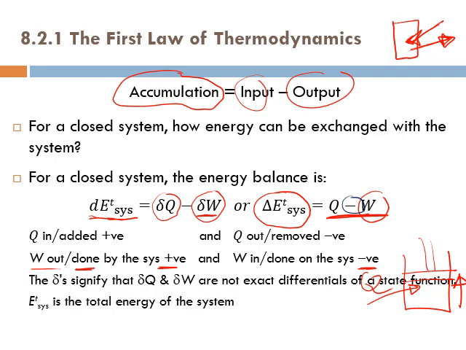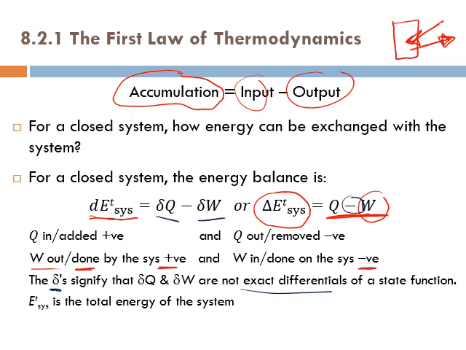Okay, and let's see one more thing here. That is the delta. The delta signifies that delta Q and delta W are not exact differentials of a state function.